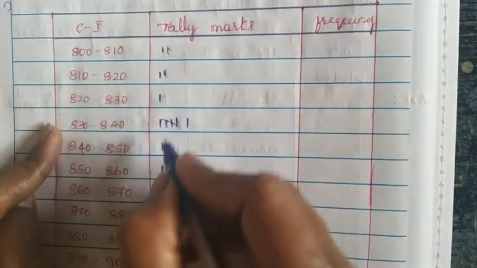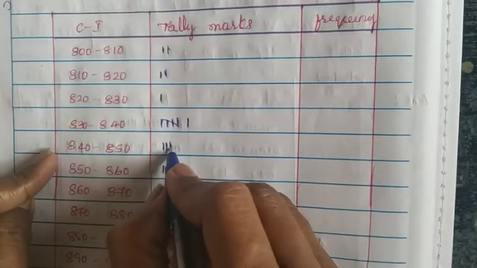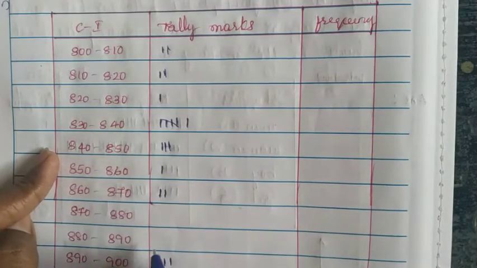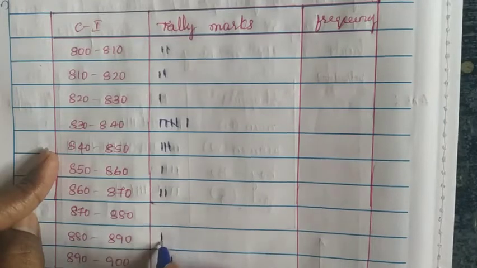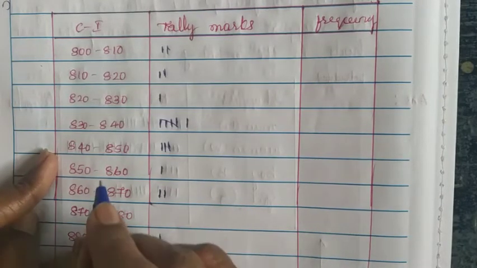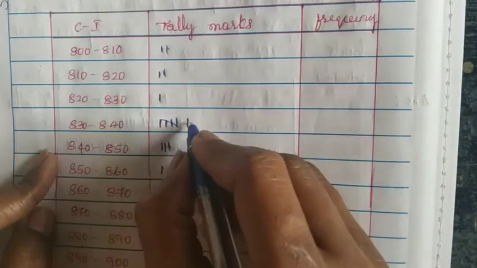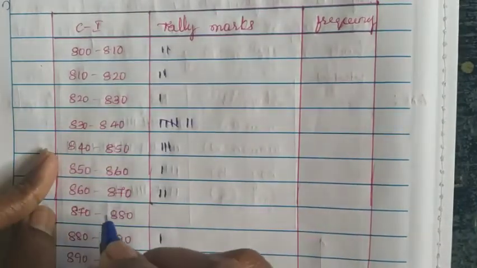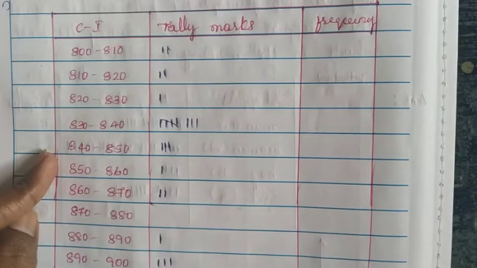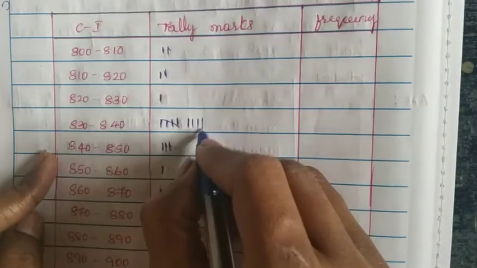Next 840 is here. Next 885 is here. Next 835 is here. Another 835 is there too. Yes, right here itself. Next 836 is here.